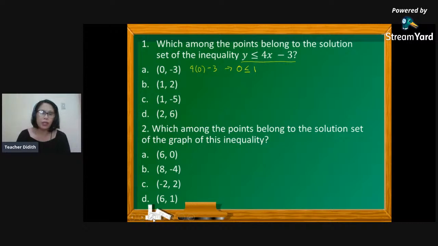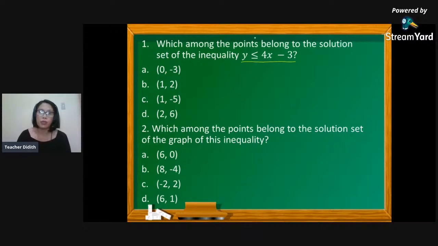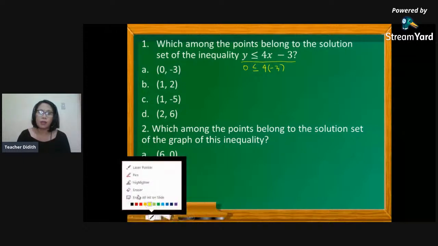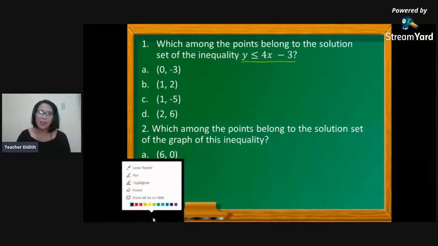It has to be negative 3 instead, sorry. So what we will be doing here is to substitute x equals 0. Okay, it's the other way around. This is really the final solution.